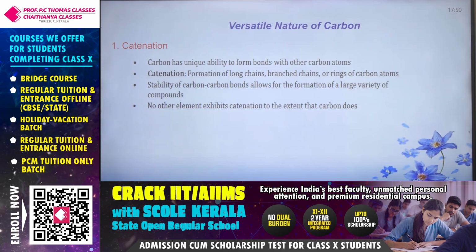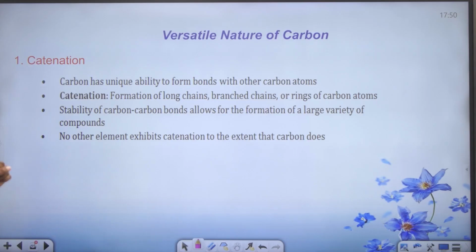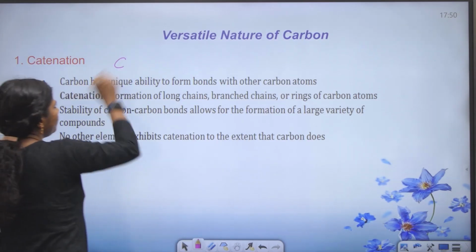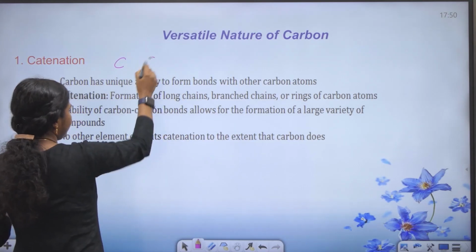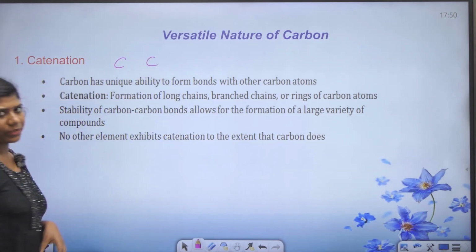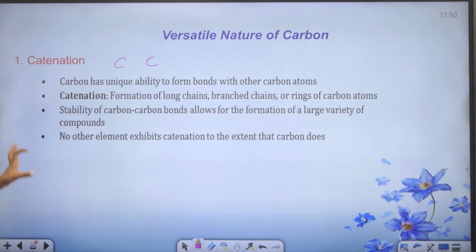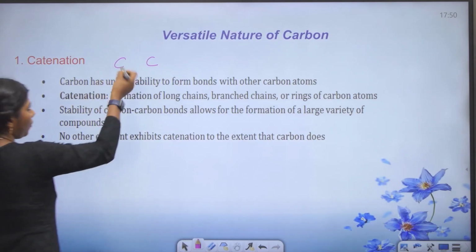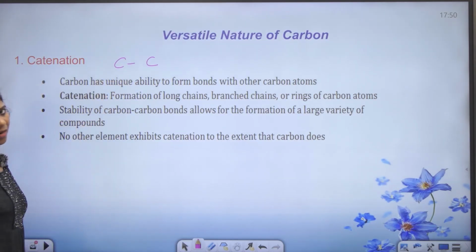Next topic is the versatile nature of carbon. First property is catenation. Catenation means carbon atoms can form bonds with other carbon atoms, carbon-carbon bonds. That property is known as catenation.